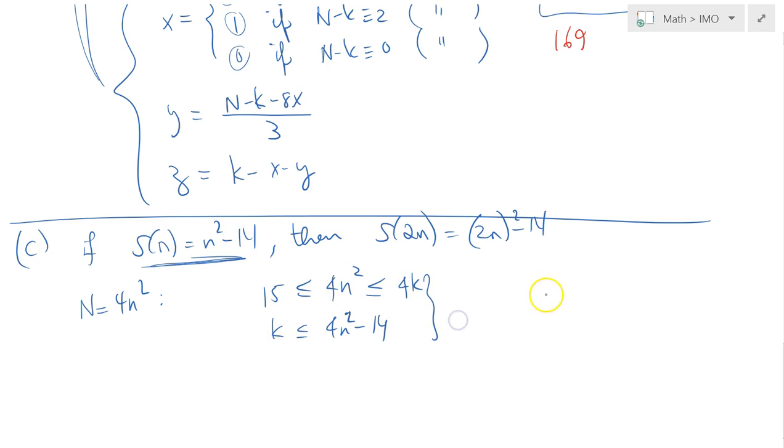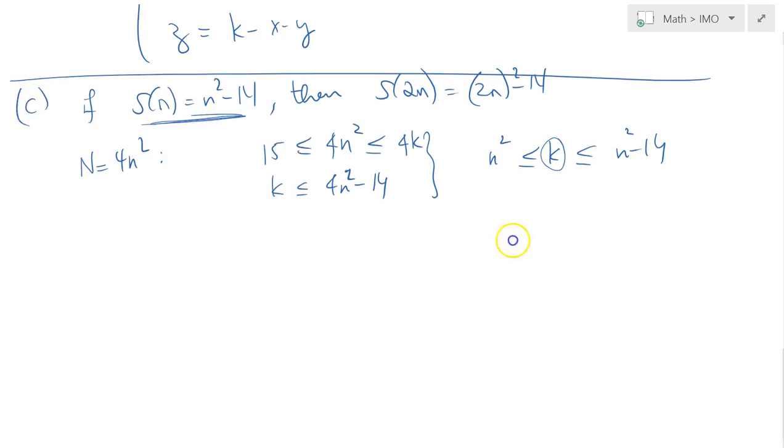So combining this, I realize that I will be able to find sums of squares for this many of them, between n squared and n squared minus 14.